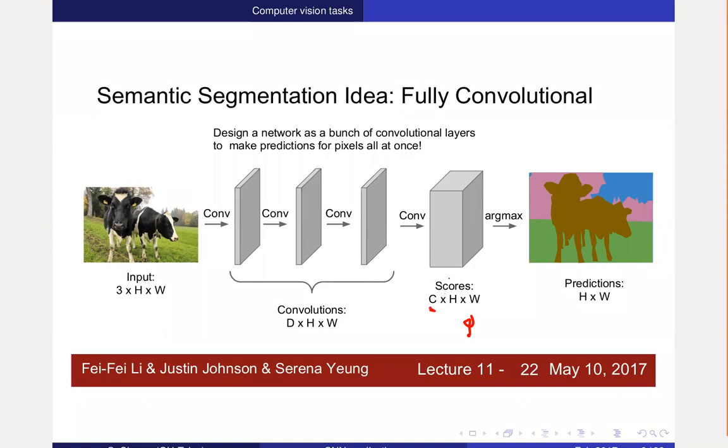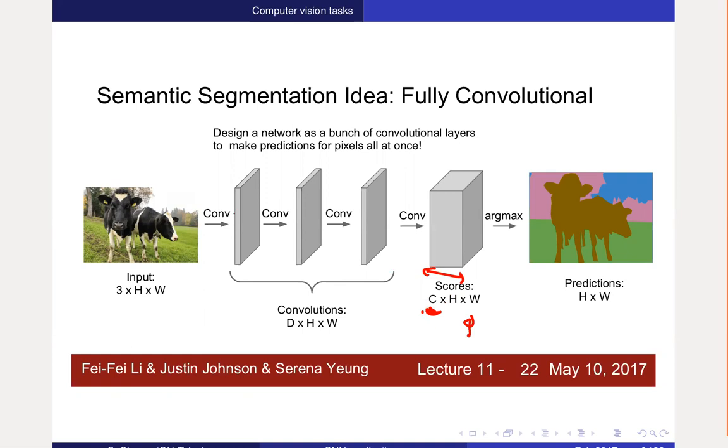If I have C classes, the last layer will have C filters, each corresponding to a different class. Then we can take the softmax over these C classes per pixel. Or we don't even need the softmax: if we don't care about the probability, we can just look at which one has the highest score, and that corresponds to the class that pixel belongs to. This is a very simple model.